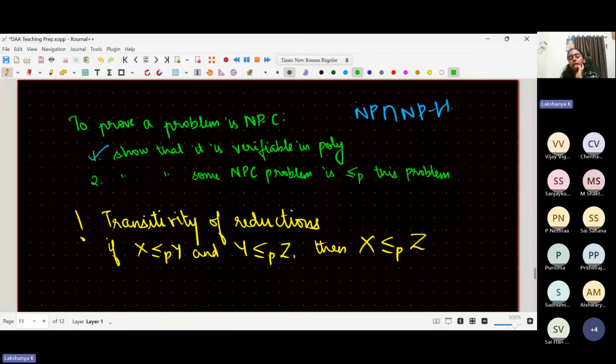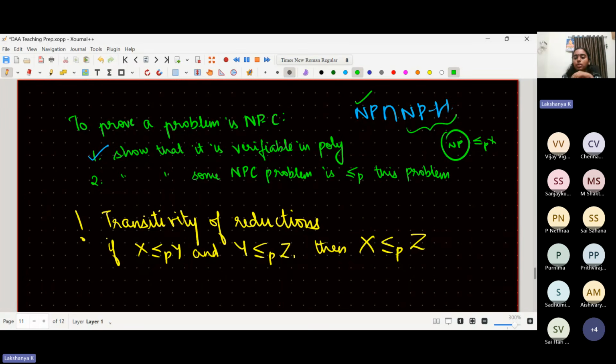How do we prove that it belongs to NP hard? Now the definition of NP hard is everything in NP should be reducible to this problem X, right? So how do we set about doing that? We don't even know what is everything in NP.